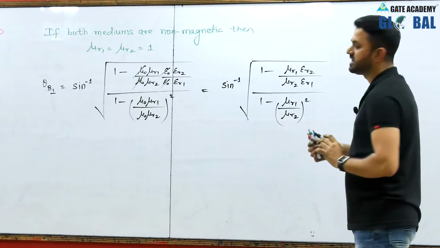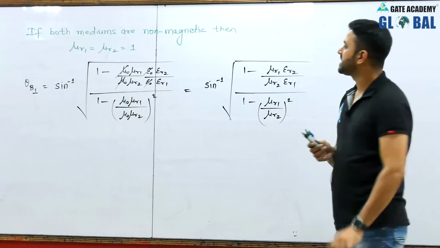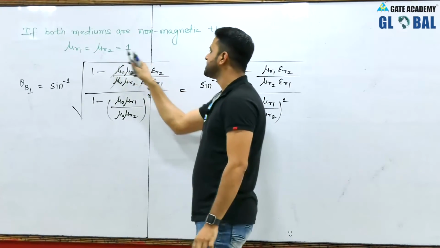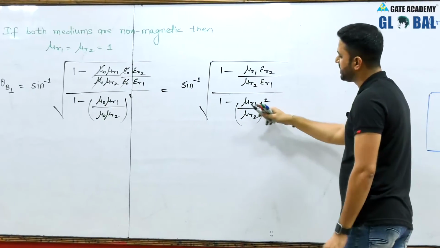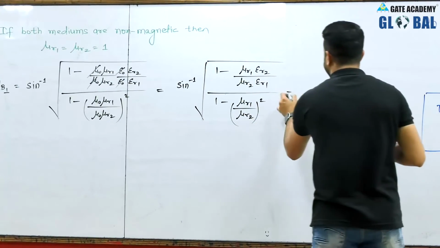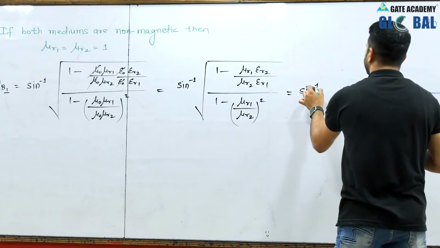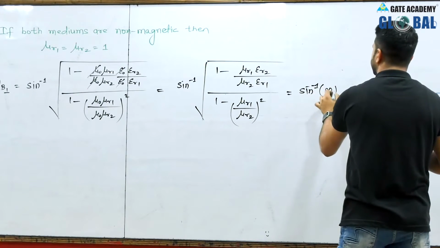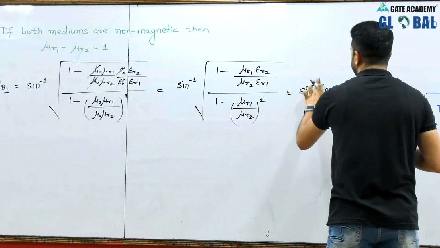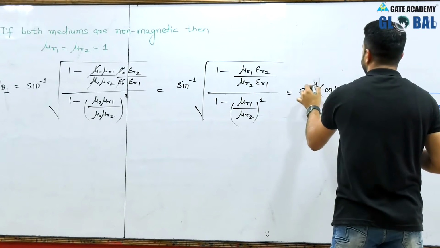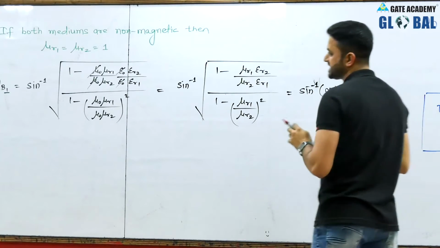Now, if both the media are non-magnetic in nature, this value is equal to 1, and then this will be sine inverse infinity, which is not possible. We know that sine inverse infinity does not exist.